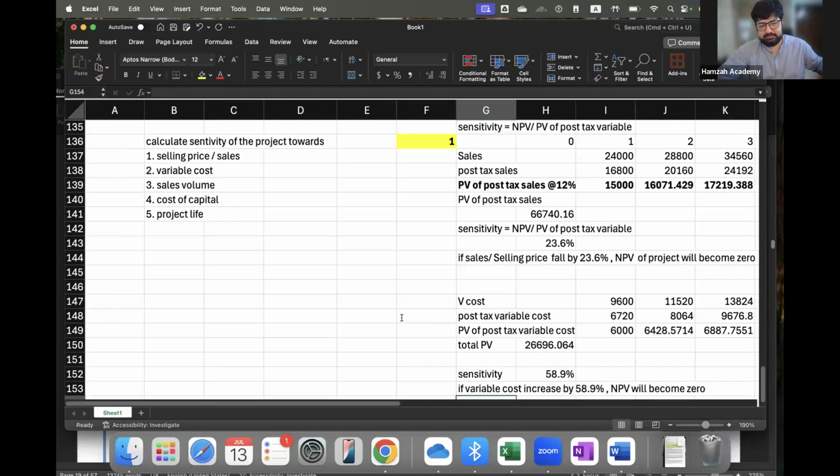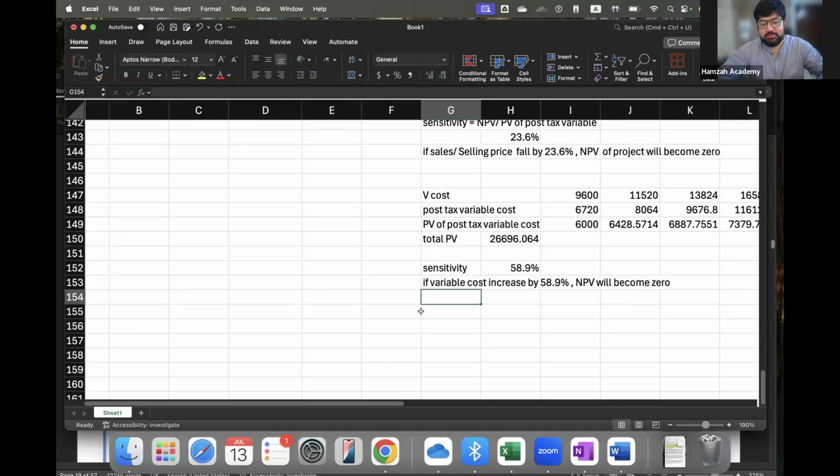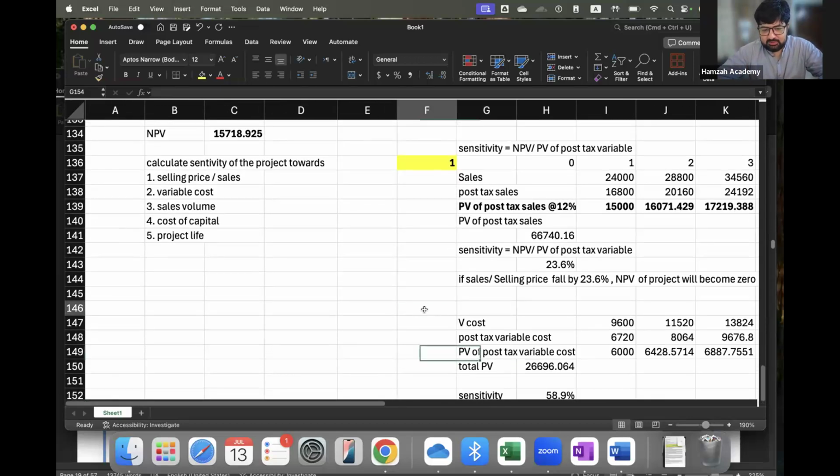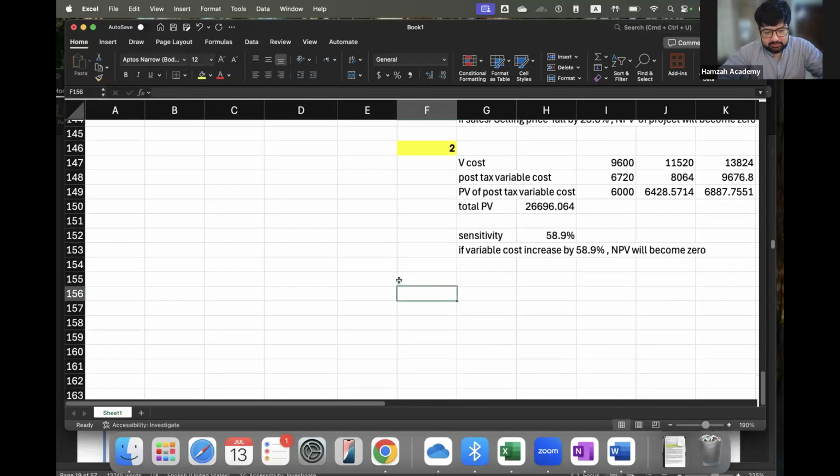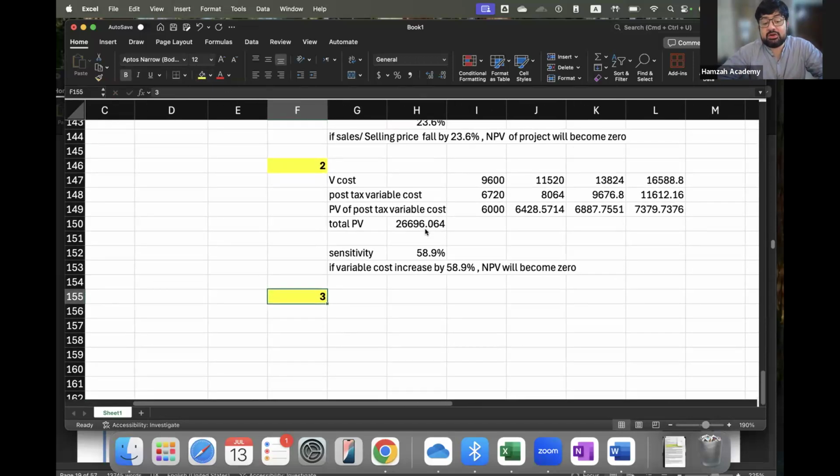Next point. The next is sales volume. So the third is sales volume. Now for the sales volume, we need to calculate contribution.